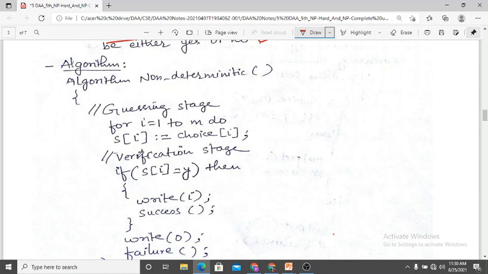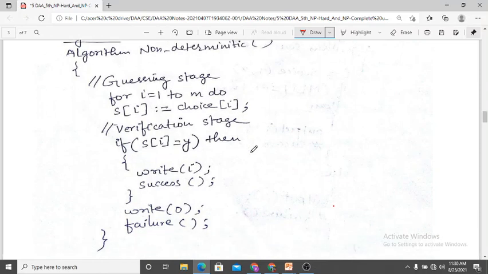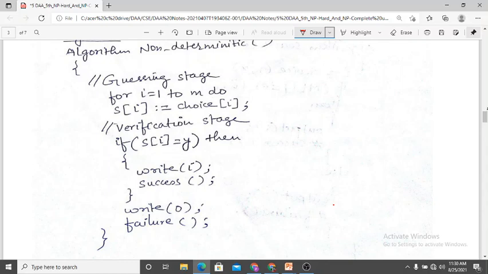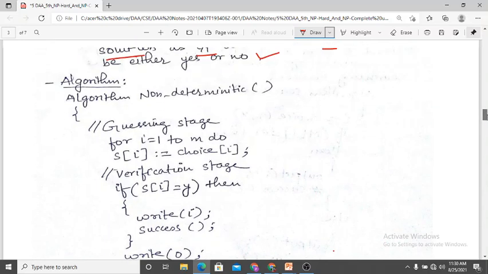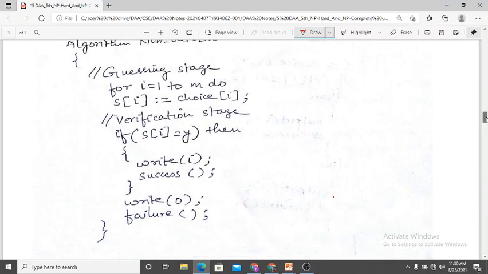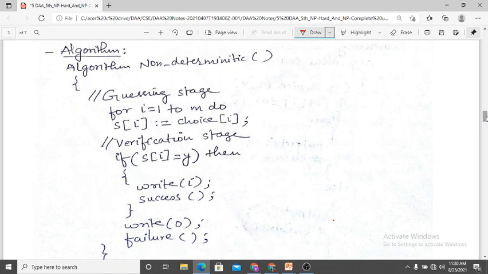So it is a very simple algorithm. In this algorithm, we are using three things. What are the three things we are using here? I am using choice, success and failure.